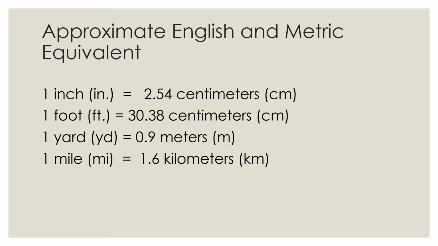For 1 inch, it is equivalent to 2.54 centimeters. 1 foot is equivalent to 30.38 centimeters. 1 yard is equal to 0.9 meters. And 1 mile is equal to 1.6 kilometers. So don't forget, please. All right.